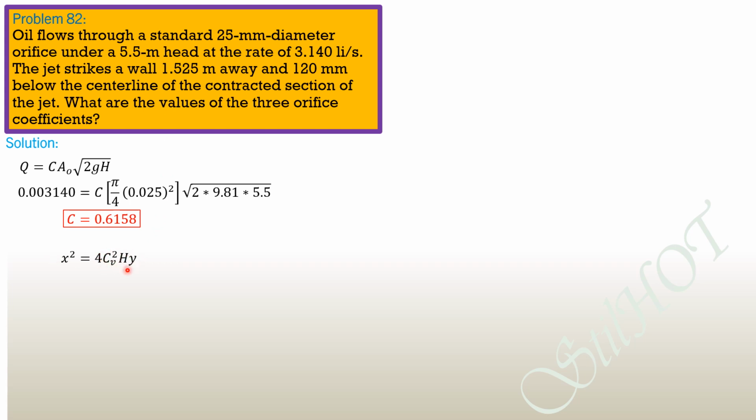Then knowing C sub v, C equals C sub C times C sub V, then we can solve C sub C at the last part. So substitute 1.525 square equals 4 times C sub V squared times the head, which is 5.5, times Y, which is 0.12 meter. Solving for C sub V is equal to 0.9386.